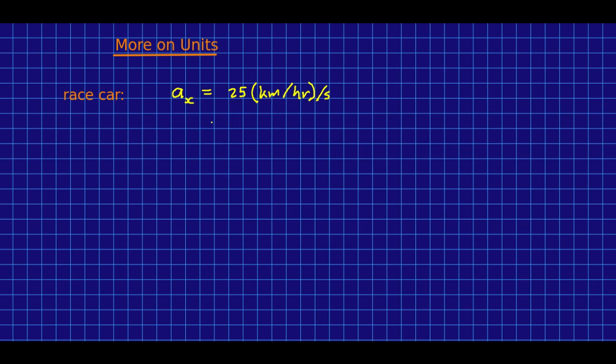Let's just convert that to more useful units for physics. First of all, I'm just going to rewrite it to make it clearer how those units are in a numerator and a denominator. And now I'm going to convert in the usual way using conversion fractions.